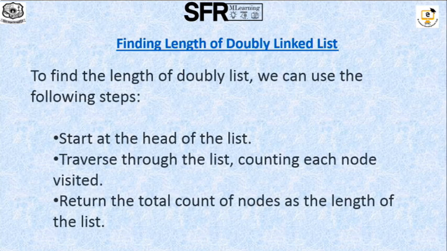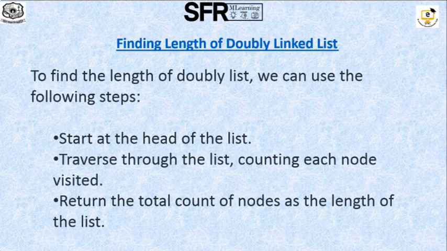Next we are going to see about finding the length of the doubly linked list. The process is very simple. If the list is not empty, we find how many nodes are there in the doubly linked list. For that we start at the head of the list, then traverse through the list counting each node visited. This is the same as traversal.